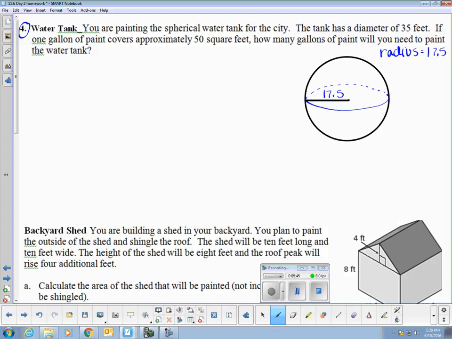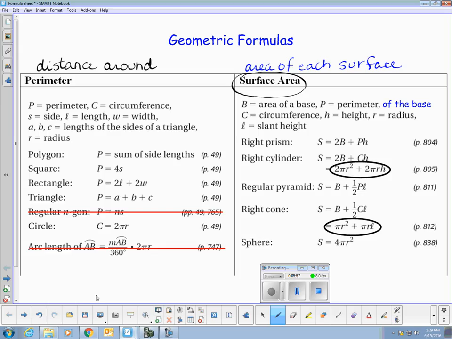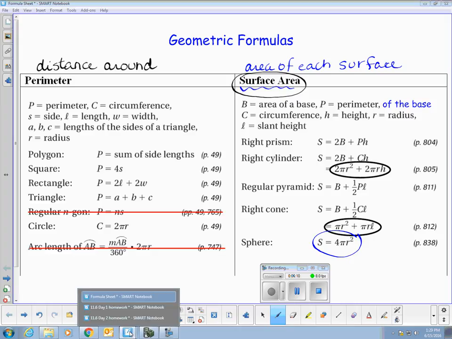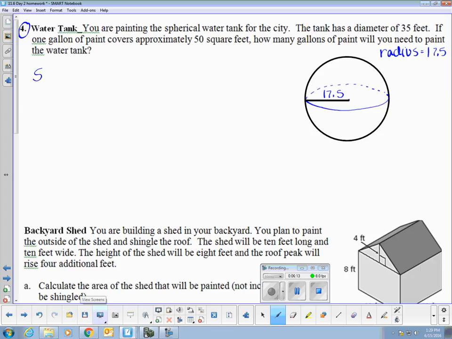All right, so the first thing we're going to do is find the total surface area, and then we'll see how many gallons of paint that we need to purchase to paint the tank. So let's take a look at our formula sheet to find the surface area of a sphere. I'm going to come down to where I see the surface area of a sphere, and the formula I'm going to use is 4 pi r squared. We'll use 3.14 for pi, and we calculated the radius to be 17 and a half.